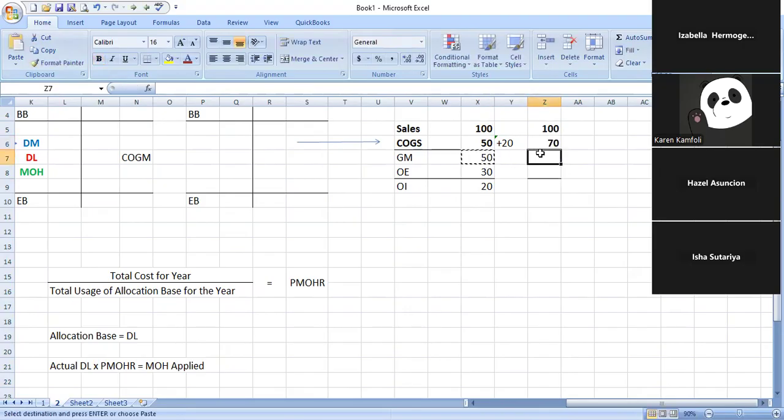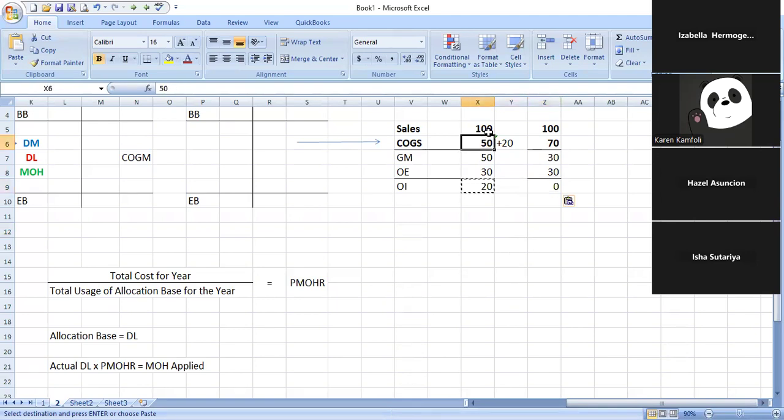My gross margin is 30. Let's keep operating expenses the same. Where's the operating income now? 0. It's gone. I'm lucky here. In this scenario, I'm not losing money.